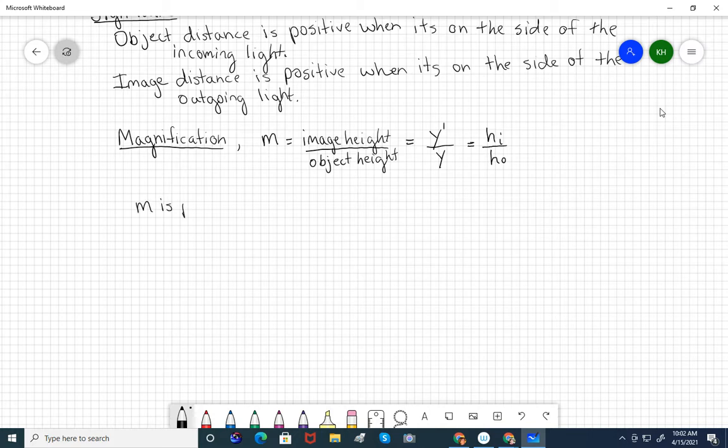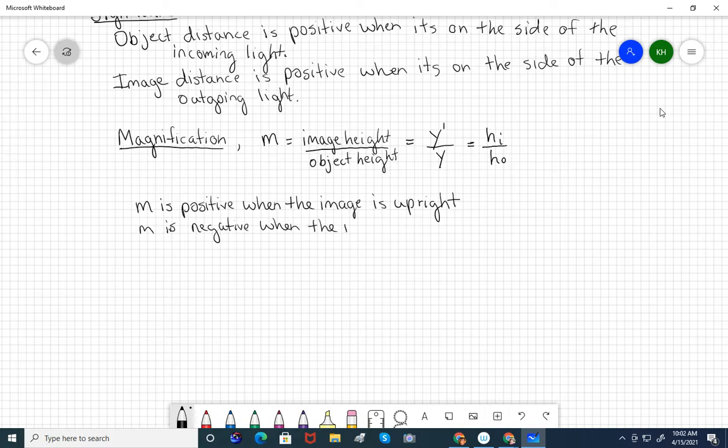M is positive when the image is upright. M is negative when the image is inverted.